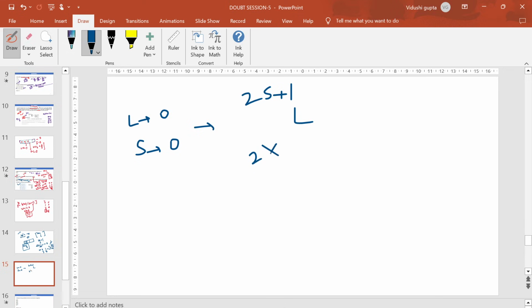S is 0, so it will be 2 into 0 plus 1, that is 1. L 0 means we are talking about S. So it is 1S.